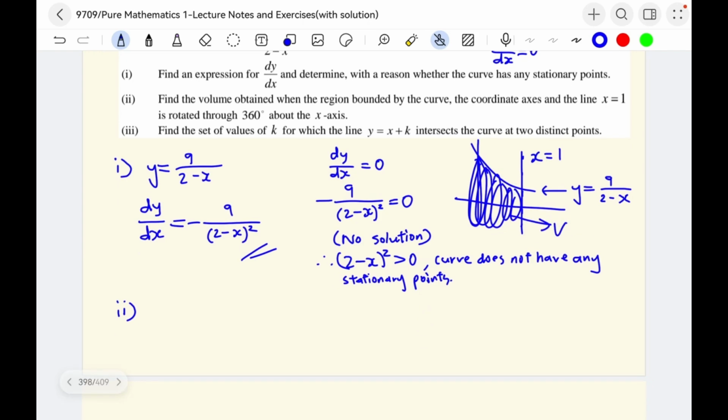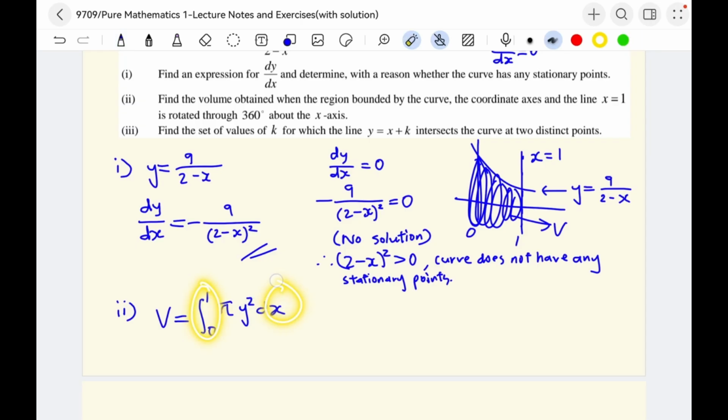Okay? So volume is equal to the integral from 0 to 1 of pi, because the volume consists of the area of the circle, or area of the disk, y squared times dx.